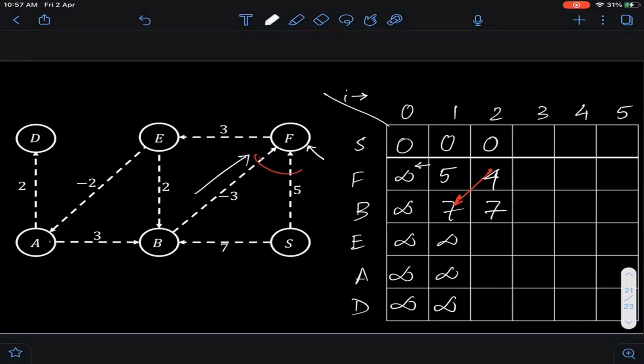Why is it 8? Again, look at the incoming edges to E. The only incoming edge to E is FE. So I look at the column on my left. The entry for F is 5 in the immediately left column. And then I add the length of this edge, which is 3. So this gives me a value of 8.